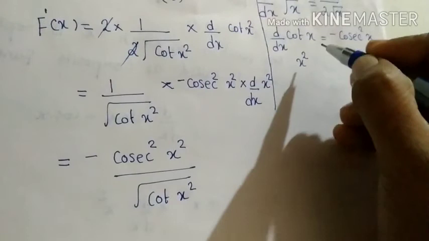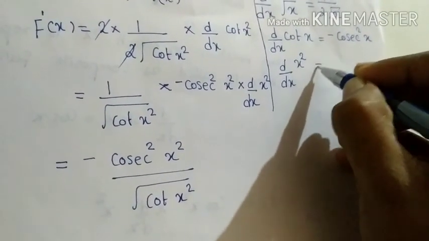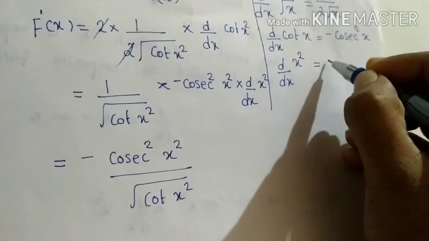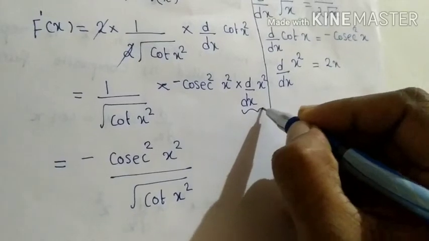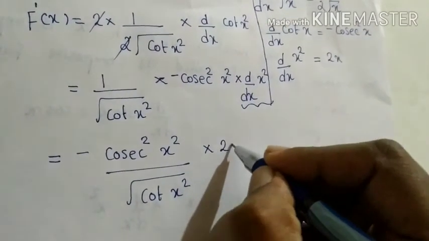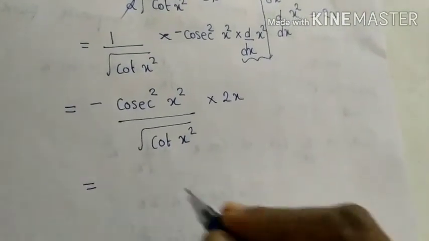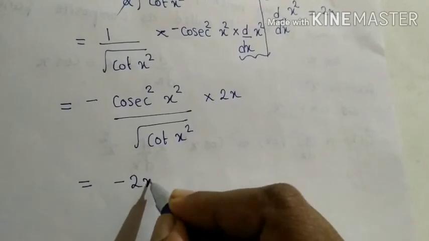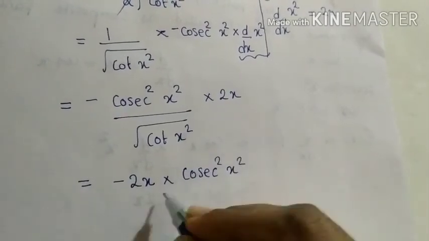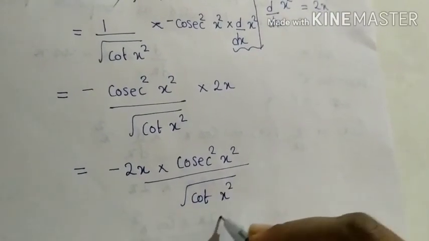And we know that a standard form of derivative of x square is 2x. So we replace the derivative of x square by 2x here. So final answer will be minus 2x into cosec square x square whole divided by root of cot x square.